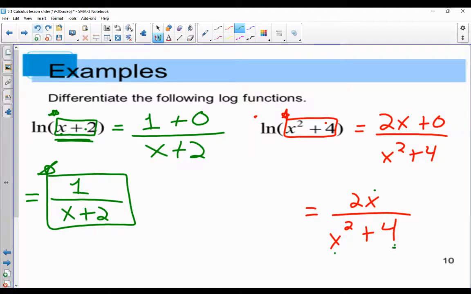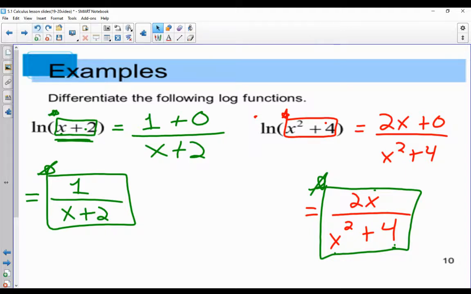We would be able to cancel out an x if the 4 also had an x. So in other words, we could take out an x from all 3 parts. But if you cannot take an x out from all 3 parts, you cannot take it out at all. So, with that said, we just have to leave it as is. You can't take out an x from everything. You better just leave it.